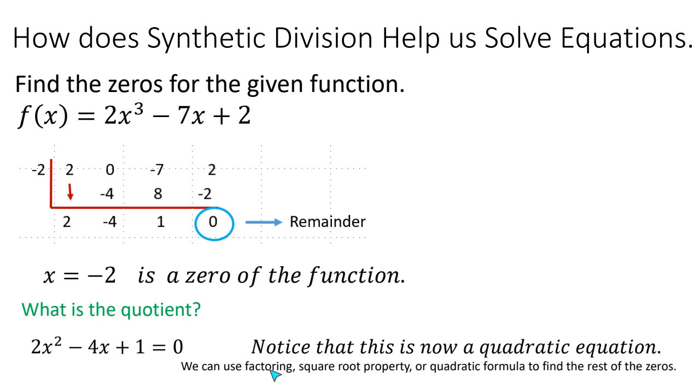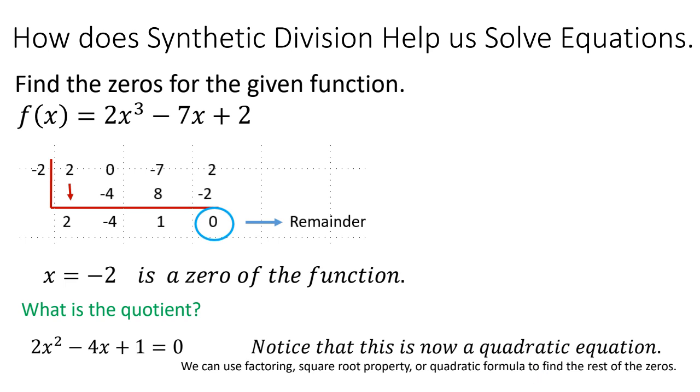We can try to factor, we can use the square root property if it's an option, or we can use the quadratic formula. When we use synthetic division, we're trying to break this cubic into something that we can solve more easily using quadratic methods.